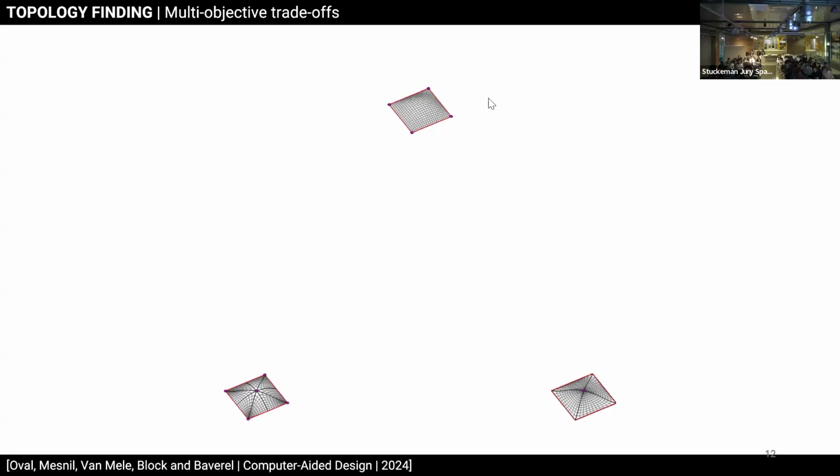I would personally like that design because it has this regular grid that's quite easy to build, not too many complex elements, but it doesn't take into account the support conditions, assuming that you have your support only at the corners and you have to take a point load in the middle.